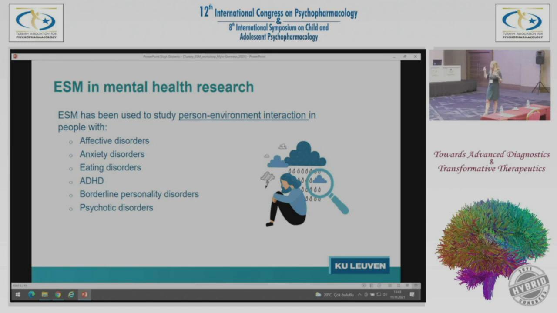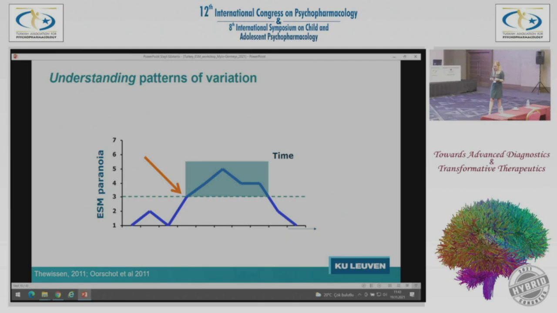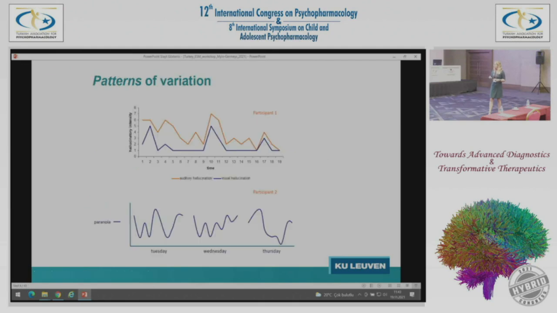So it has been used in mental health research, but then the question is, of course, how can we translate this to clinical practice? In research, for example, we see that there is variability. We have shown that you can ask about hallucinations and that they vary from moment to moment.